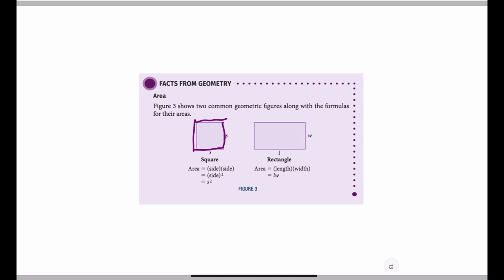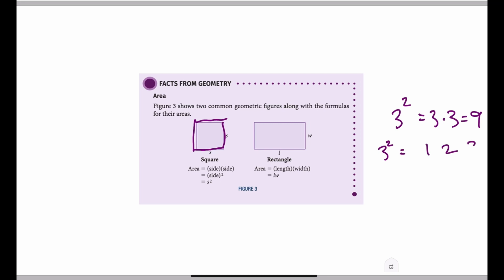We'll say s squared, which literally means a side times itself, right? Whatever you have, multiply it by itself. So if you have something like 3 squared, that means 3 times 3, which is 9, which is what you get if you take 3 and you square it.